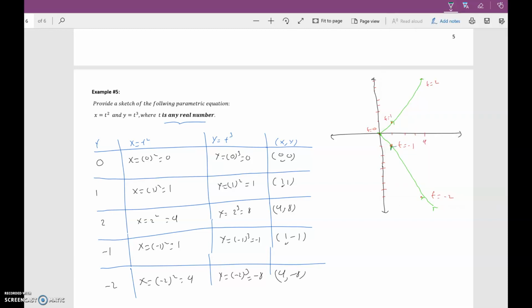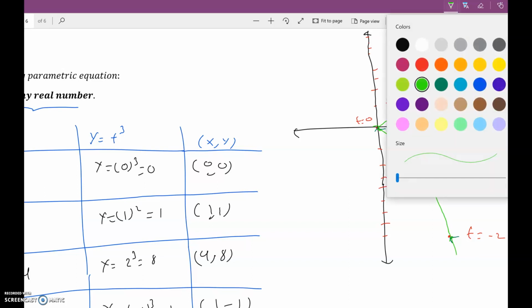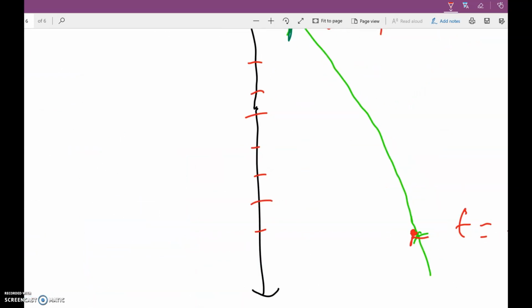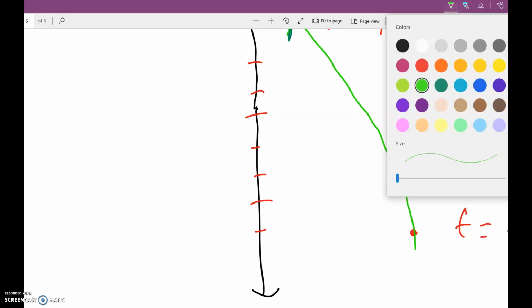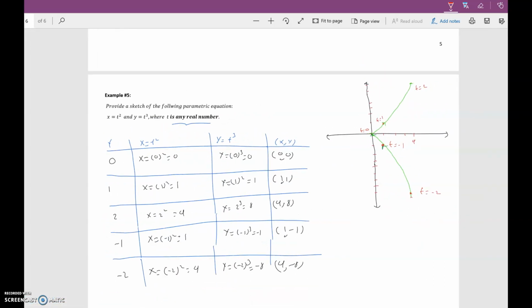And let me just put the arrows. Okay, so that's the approximate shape of this one. That would be it.